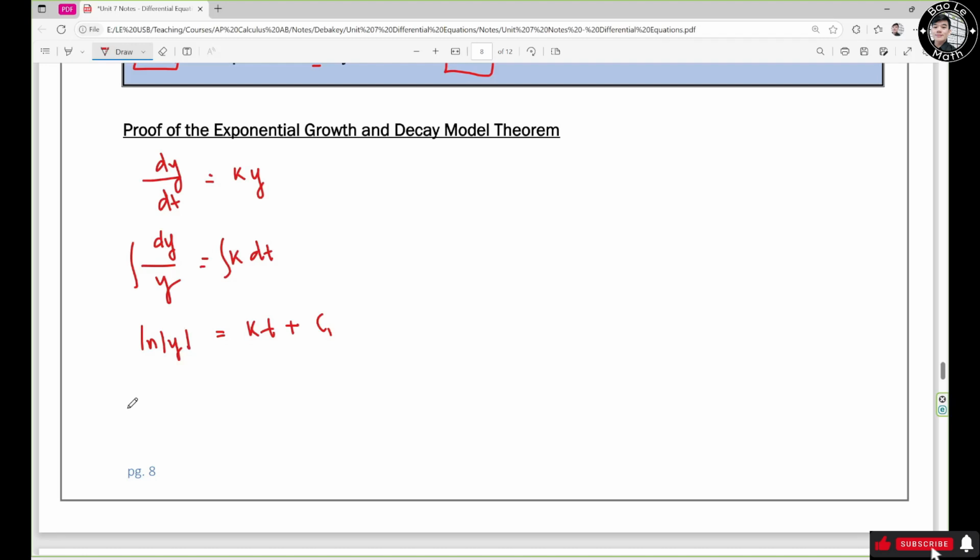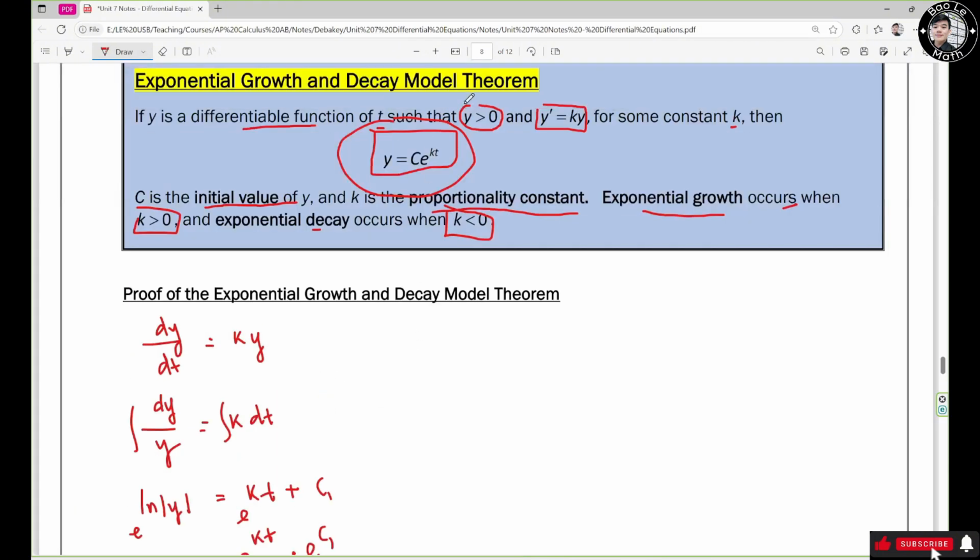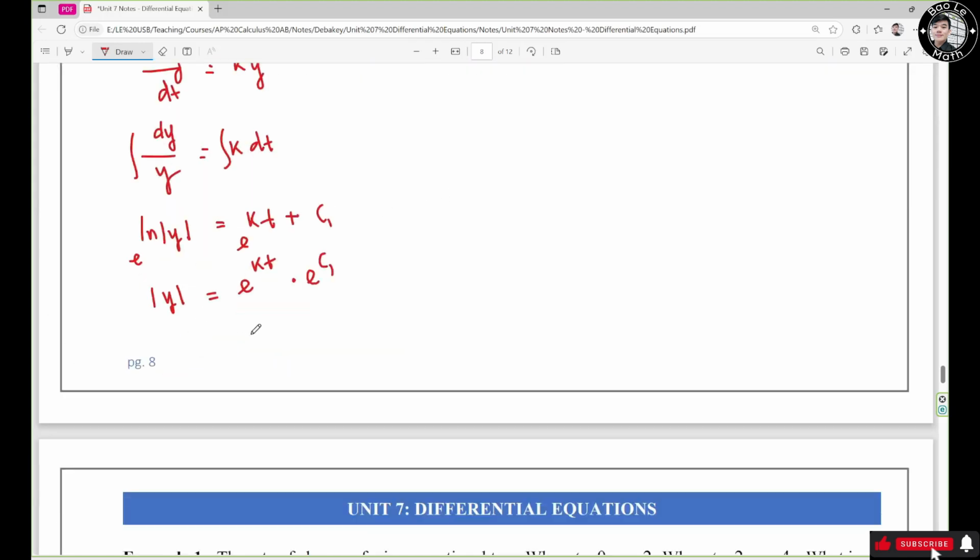Now I need to exponentiate both sides. So I have e raised to this one equals e raised to this one. So this turns out to be the absolute value of y equals e raised to the k times t times e raised to the c1. Now we look at this one, y is always positive, so you can eliminate the absolute value.